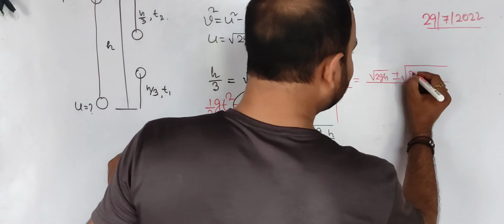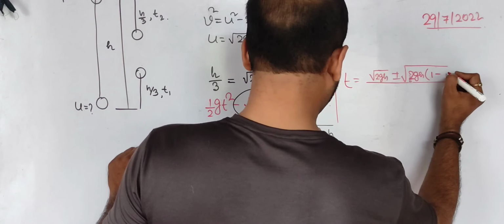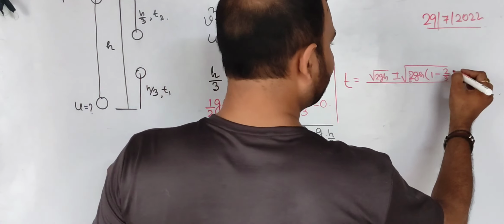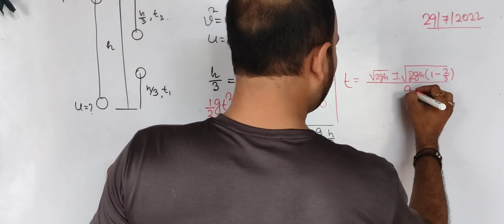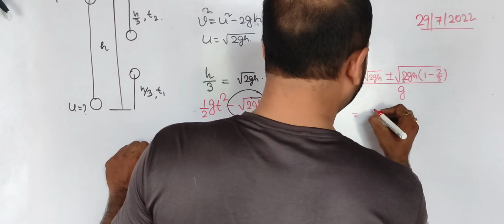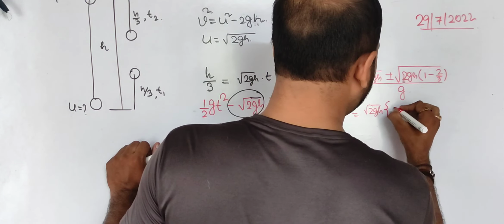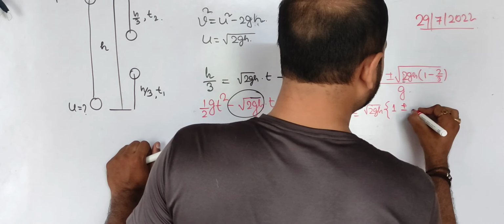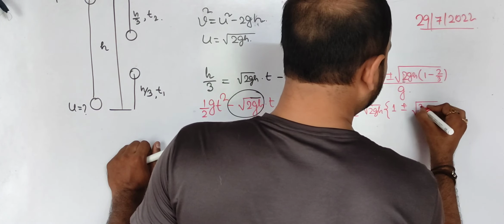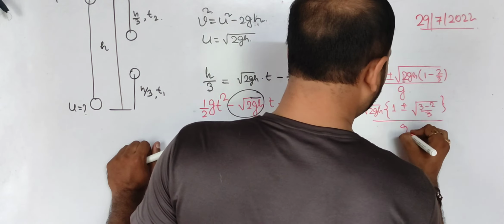If we take common of 2gh, 1 minus 2 by 3, then g divided by g, root over 2gh, 1 plus minus root over 1 minus 2 by 3, by g.